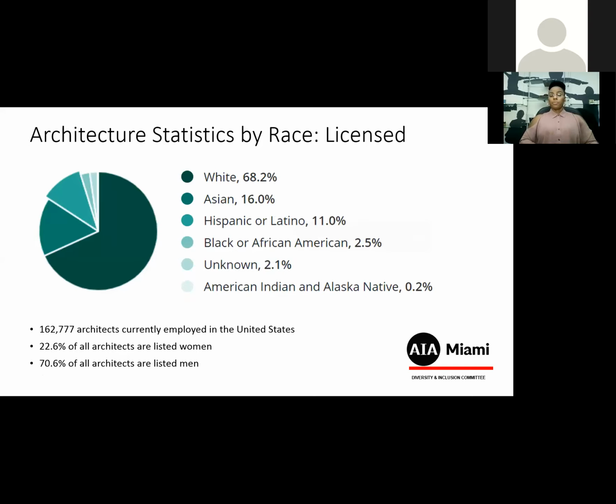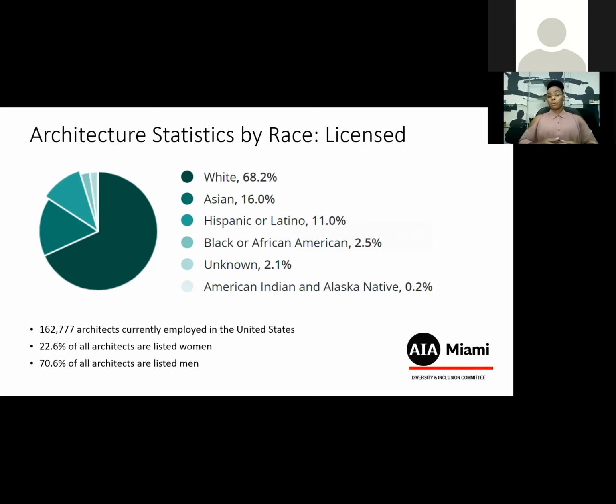Now, what we looked at before was licensure candidates. What we actually have now is this graph shows us what the licensed architects are in the United States. And these two things go hand in hand, and they actually support each other. So in the candidacy for licensure, you'll see the amount of white candidates is incredibly high.